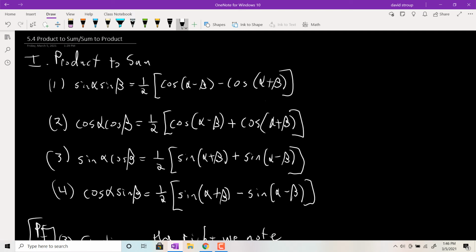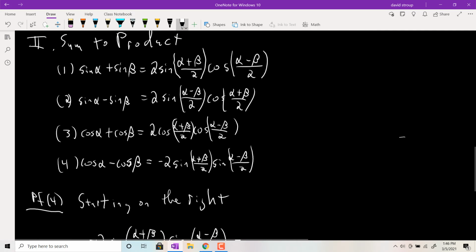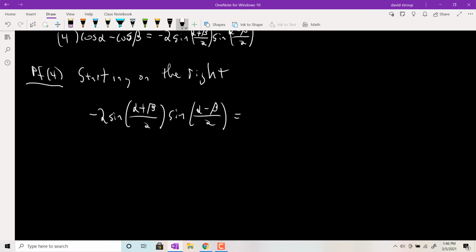Okay, so up here, sine sine is the first formula. Got that in my notes. I'm kind of looking at it as a reference. So I'm going to have negative 2 times 1/2 times cosine of (alpha plus beta) over 2 minus (alpha minus beta) over 2.